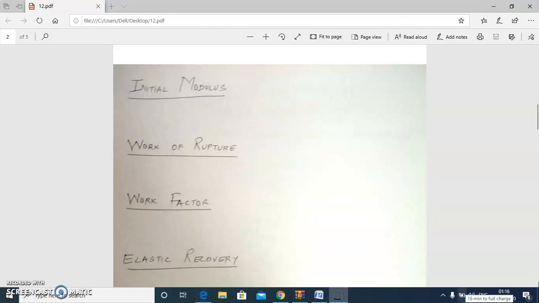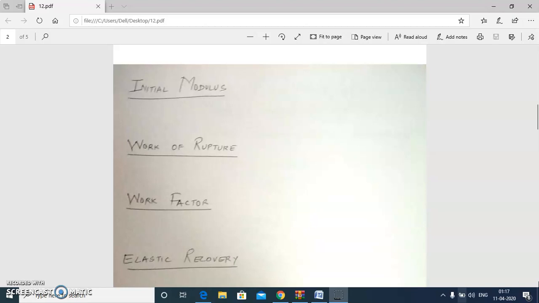Now the next term is work factor. Work factor gives us an idea about the nature of the load elongation curve, and it is basically area under the curve divided by breaking load into breaking elongation. So we'll get the value in fraction.